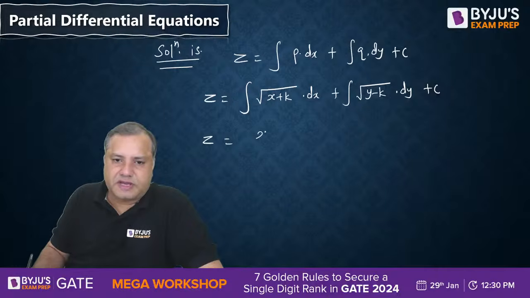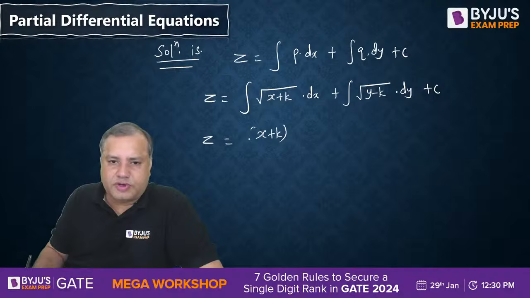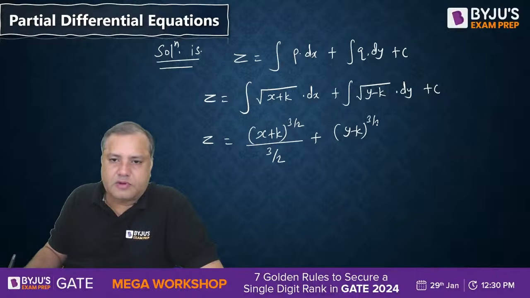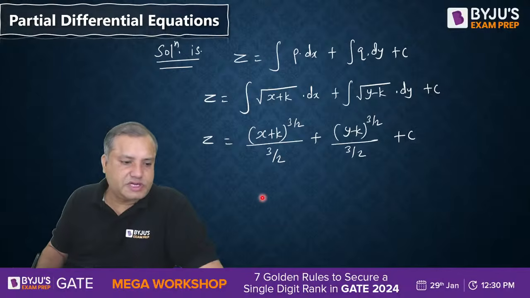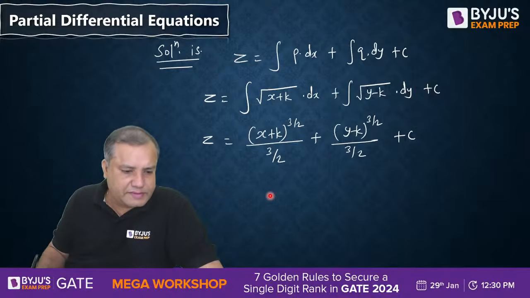Integration of x plus k. Already this is power 1 by 2. So it is power 3 by 2 upon 3 by 2. And this will be also 3 by 2 upon 3 by 2, plus some constant c. You can just simplify.